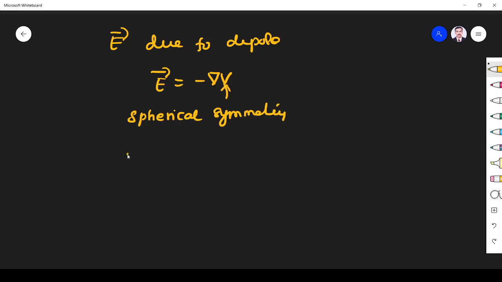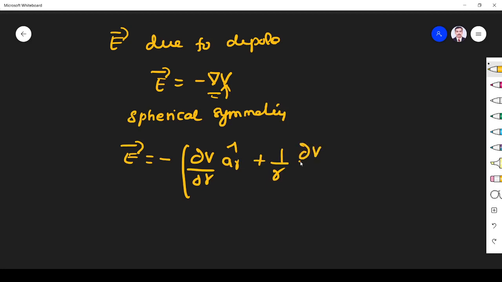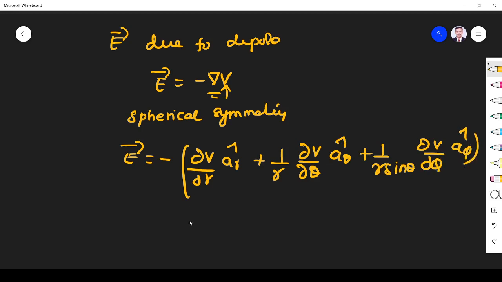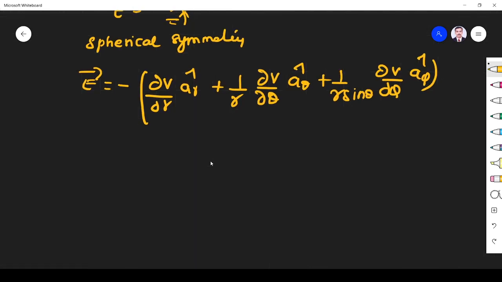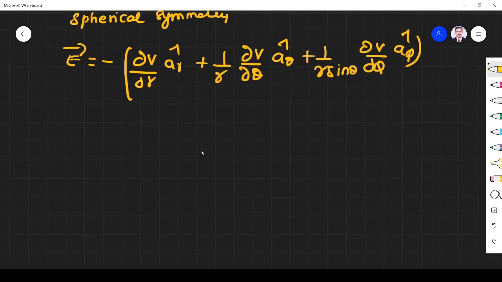So E is equal to minus del V, where for spherical coordinates, del V is given by dou V by dou R, AR cap, plus 1 by R, dou V by dou theta, A theta cap, plus 1 by R sin theta, dou V by dou phi, A phi cap. This is what E is for the spherical coordinate system, potential gradient.